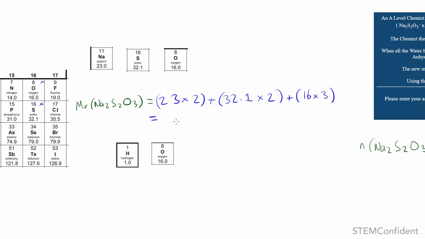This is going to give us a molar mass of 158.2, and the units, given it's a molar mass, are grams per mole.